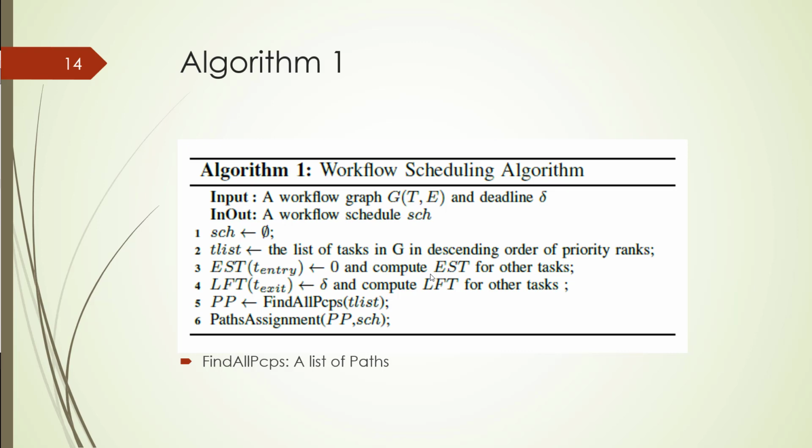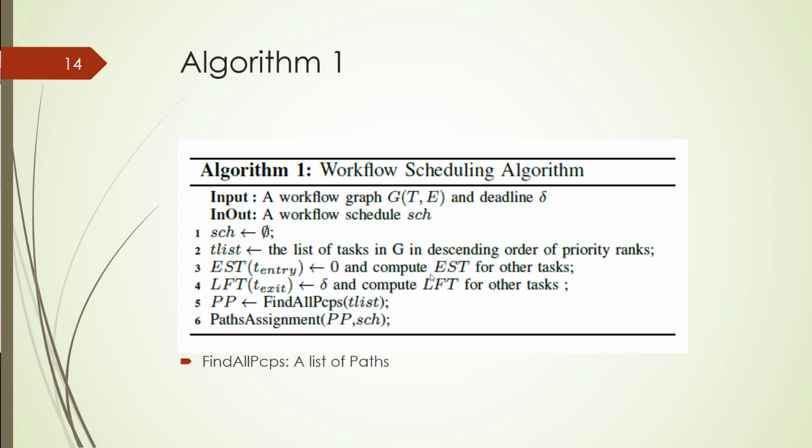We will put the task list in G in descending order with topological priority ranking, that is the T list, and we will assign 0 to the EST of T entry, and compute the EST for other tasks. And we will assign the sigma to the LFT of exit and compute the LFT for the other tasks.